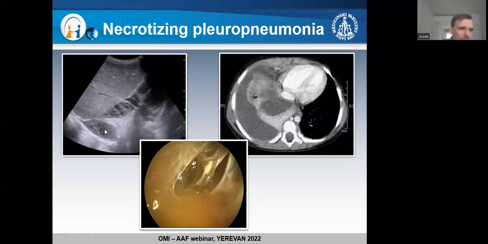So this is not a patient for placement of a chest tube. You would get 1 or 2 milliliters of pleural effusion. This was a patient for video-assisted thoracoscopy, which was performed, and this was the finding within this pleural space: a huge number of those thin septa within the pleural space, and the child was getting much better after this surgical intervention.